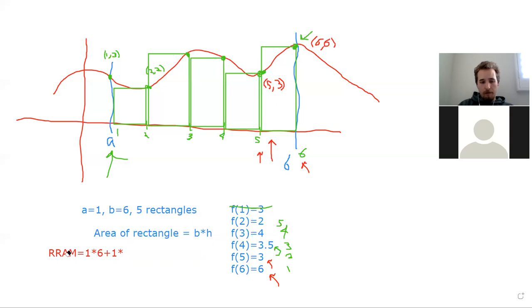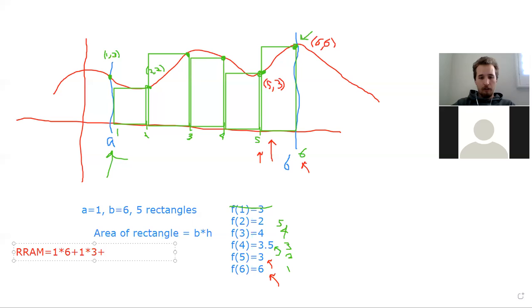Trayvon, Sean, you still with me? Okay, perfect. So let's just go through this a bit quickly now. David, do you see how the width of each rectangle is 1? Okay. Good. So the second rectangle has a height of 3.